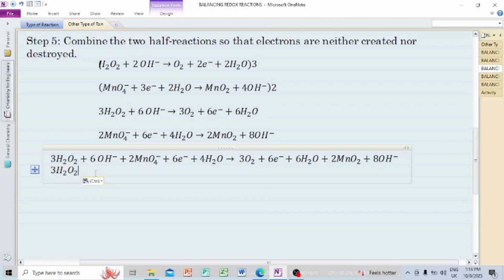And itong 6e negative natin dito, ilipat natin sa kabila, minus 6e negative. Kasi nilipat natin sa kabila, kaya naging minus.